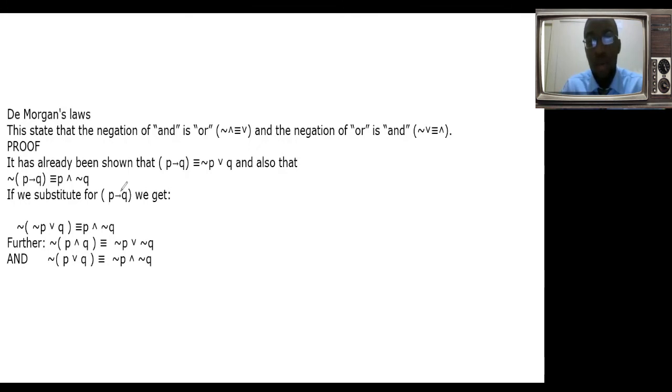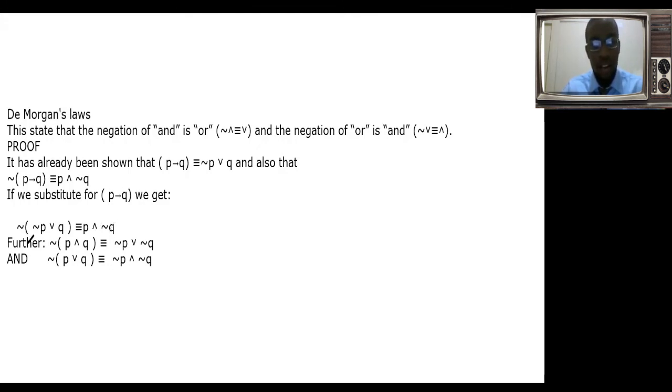So go back to where we looked at logical equivalence. We showed that P implies Q is the same as not P or Q. And so if you replace P implies Q with not P or Q, then you get that the negation of not P or Q is the same as P and not Q.